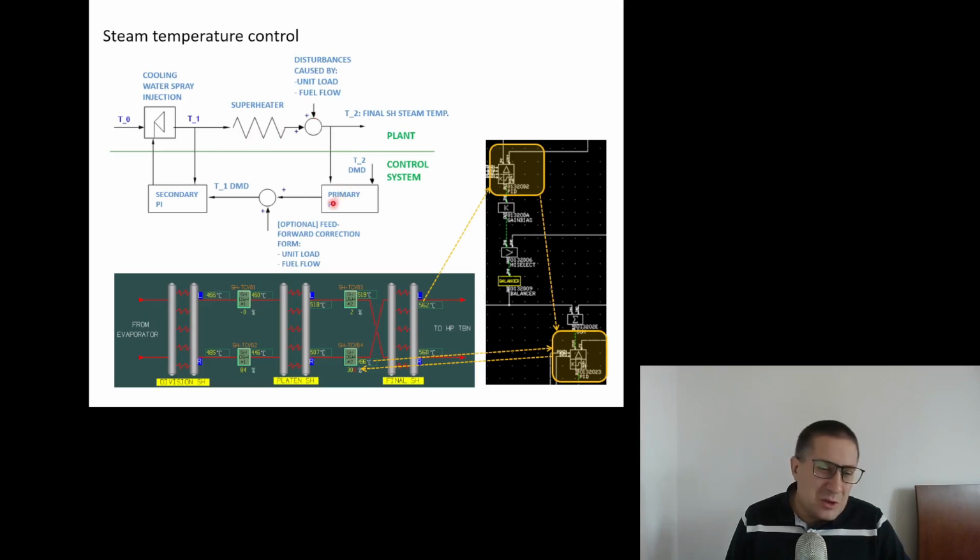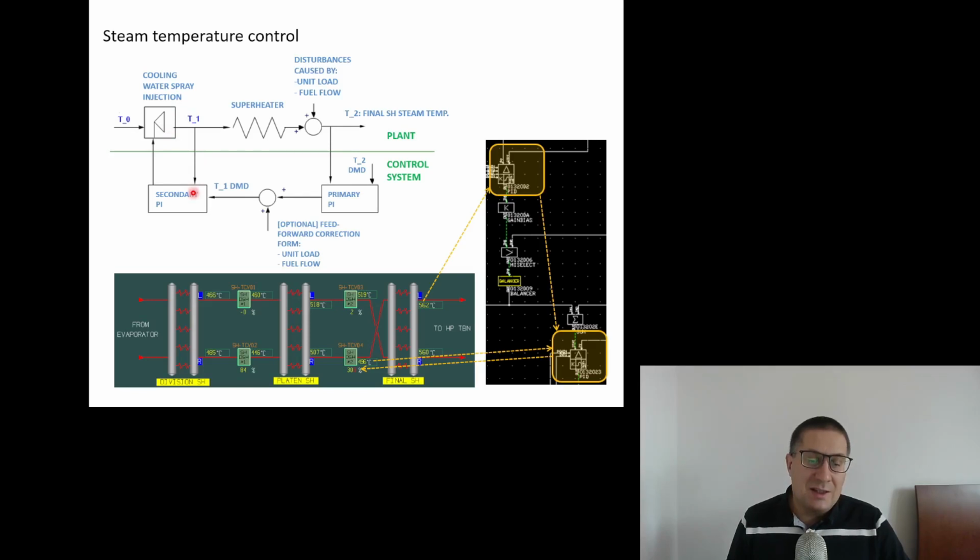So it's too late, right? It's hard to control such a process with big inertia using a device that has a nonlinear characteristic. So this primary PI controller is calculating not the cooling water flow, but the demand, the set point for this T1 temperature, the temperature that is just after the cooling water spray.